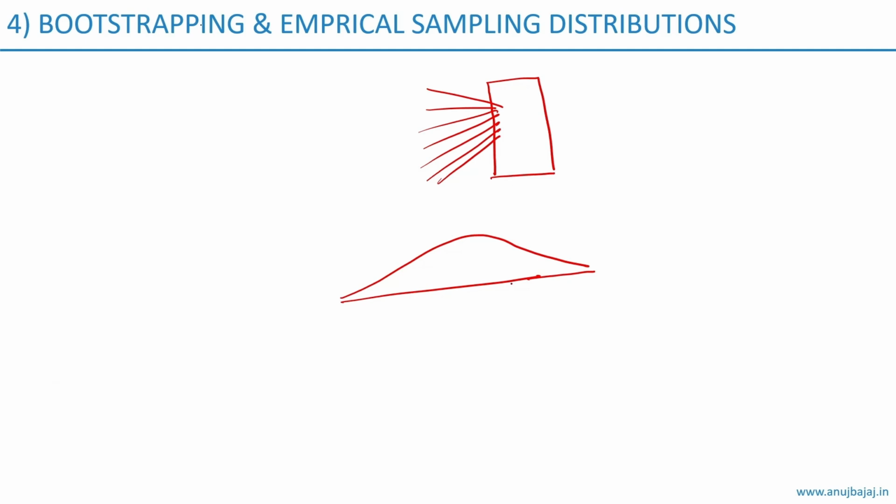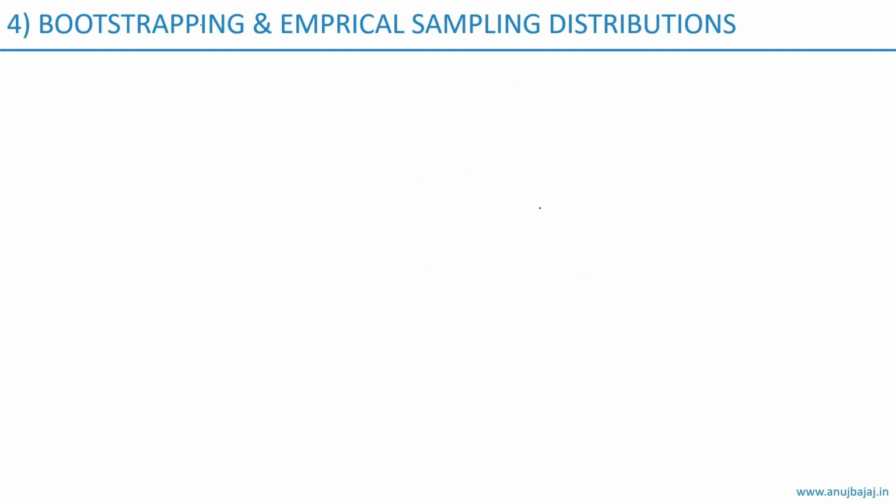Based on this sampling distribution, which arrived from hundreds of samples, we can make some inferences about the population parameters. We can estimate how far away the sample mean is from the population mean. So this was the central limit theorem.